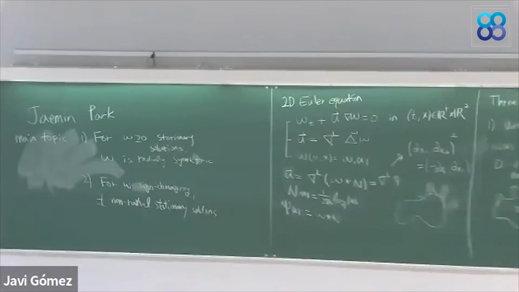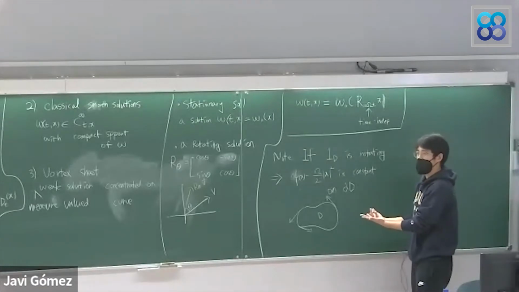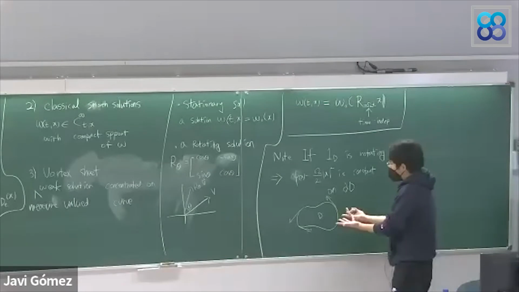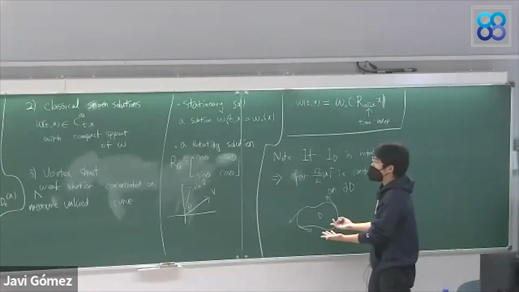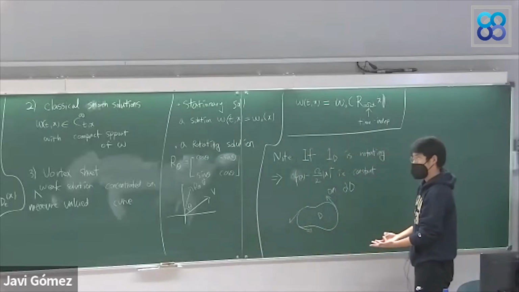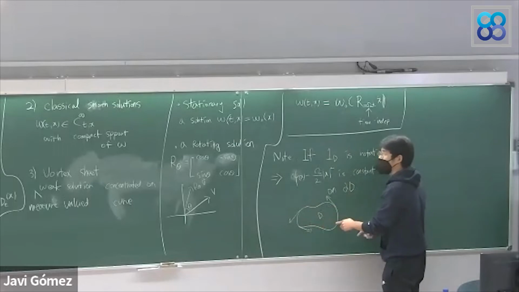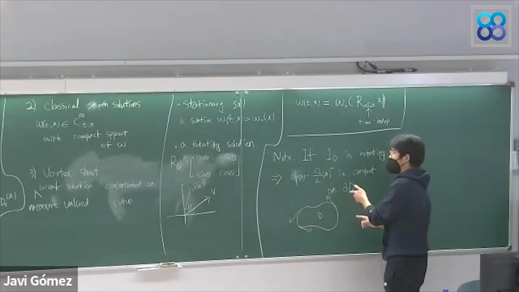That means the flow doesn't change the shape of the domain. So if the domain doesn't change shape in time, then the solution is stationary, because each fluid particle is moving along the boundary. There are no normal velocity components.